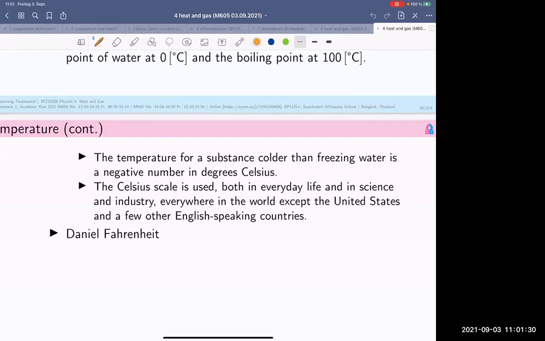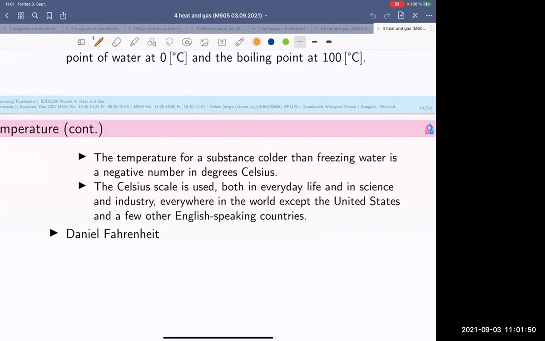Yeah, if you plan to work as an engineer in a factory, like many students of mine, in the factory they also use the degree of Celsius.